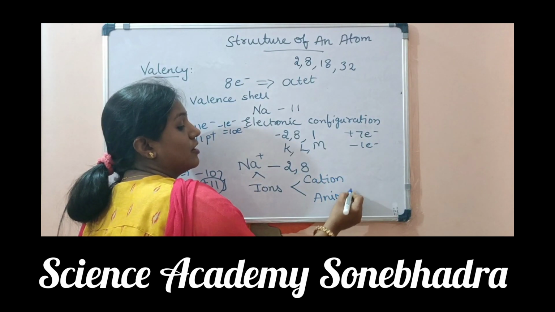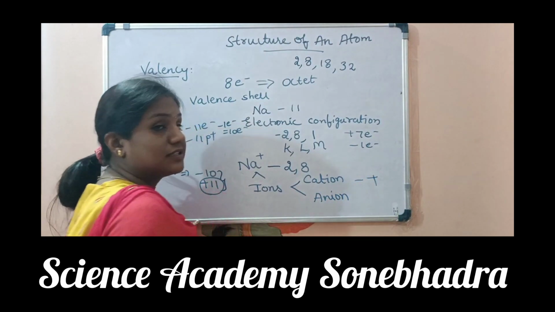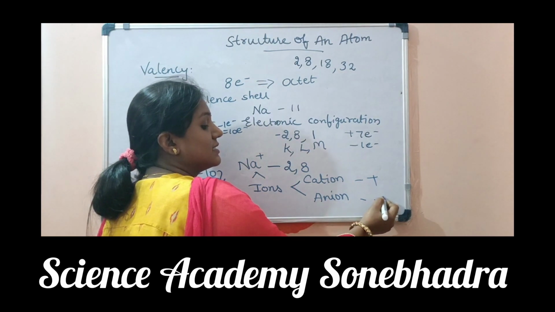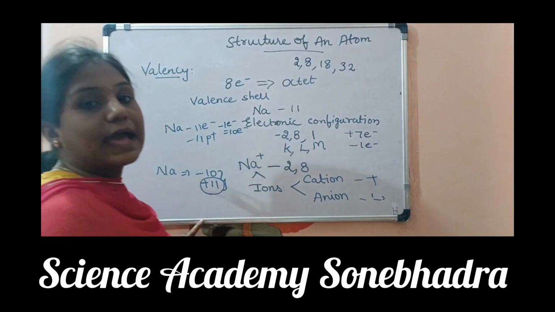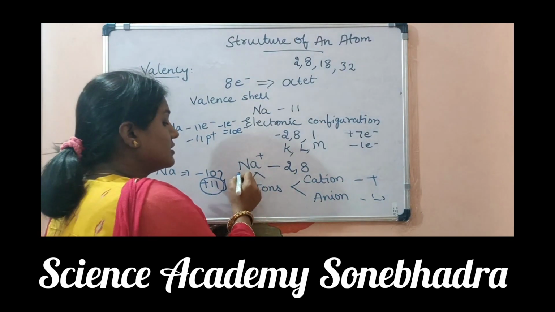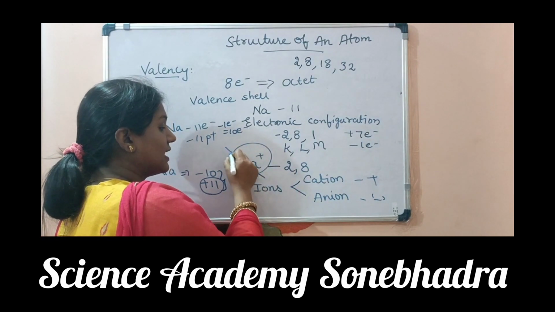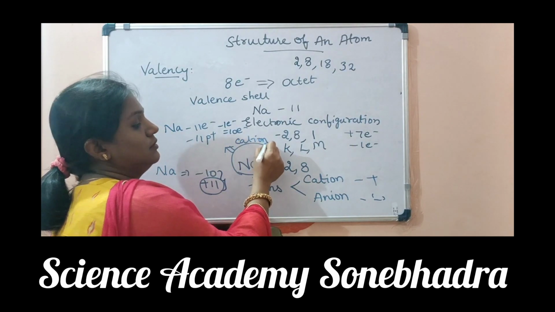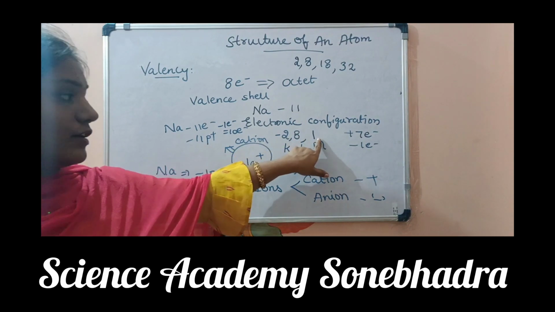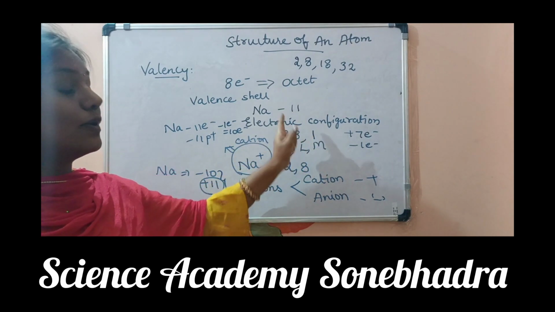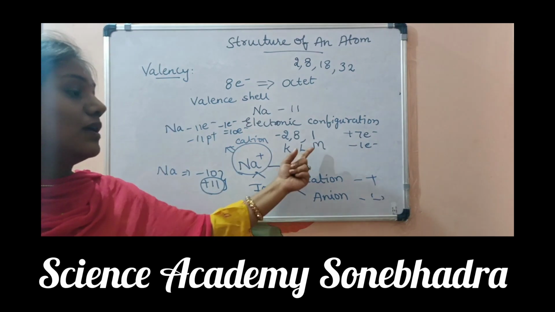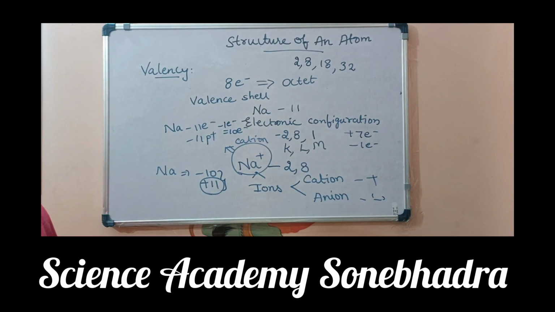If a species has a plus charge, it is called a cation, and if the species has a minus charge, it is called an anion. So here sodium with a plus charge is forming a cation. This one electron which it has donated to get stability is called its valency.